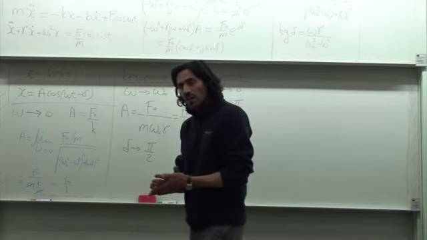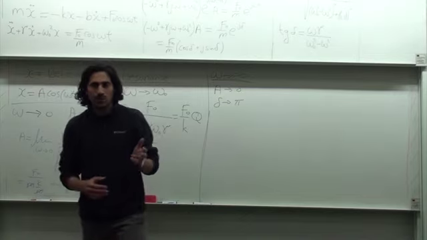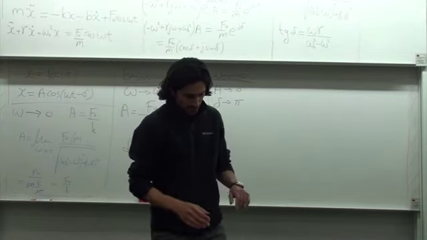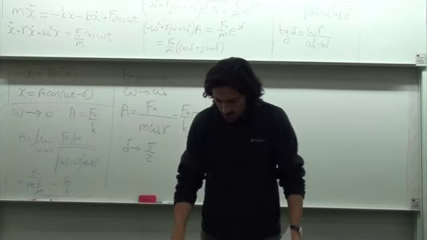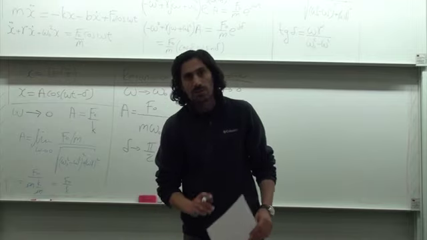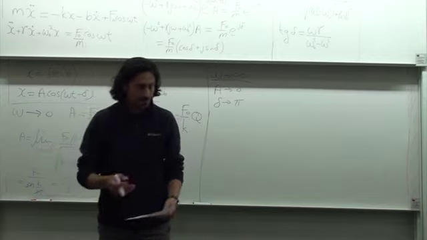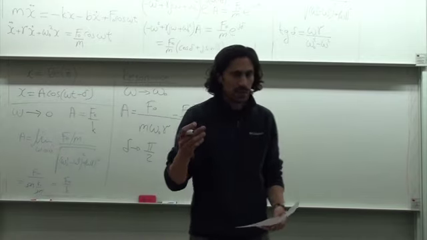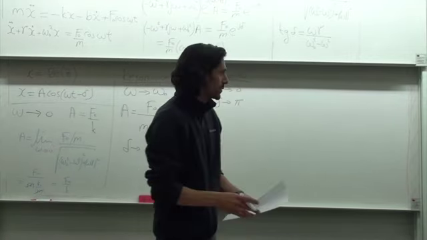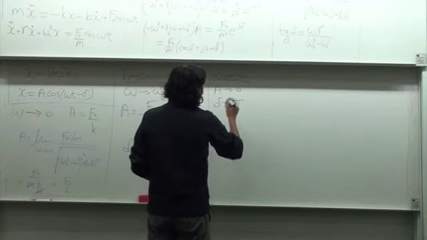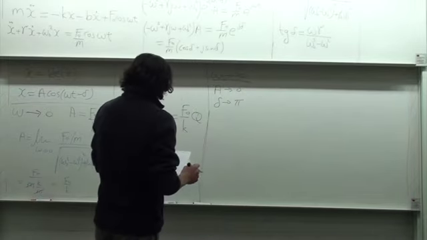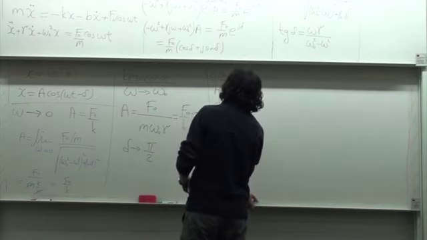Now you might think that the maximum amplitude is at the resonance, but that's not true. And I will ask you also to derive the maximum frequency, the frequency of the maximum amplitude. Let's make a drawing here.